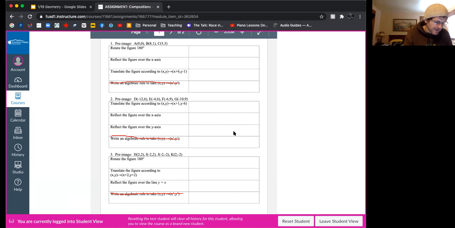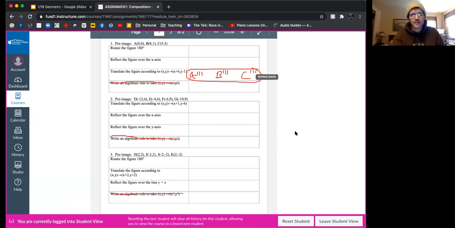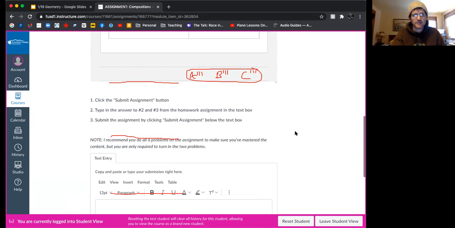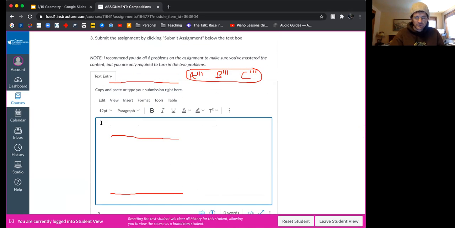And when I say put your answer, I only care about the very last coordinate. So you're going to end up with a coordinate for A triple prime. You're going to end up with a coordinate for B triple prime. And you're going to end up with a coordinate for C triple prime. So down here, let's say that this was problem number 2 and I found my answer. I would just say, okay, so for problem number 2, A triple prime is 1, 1.